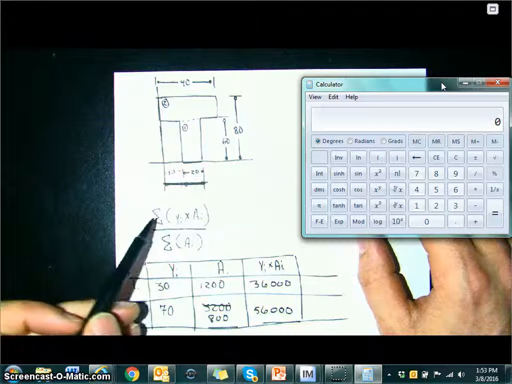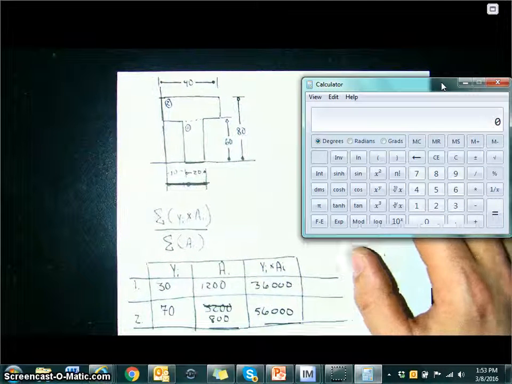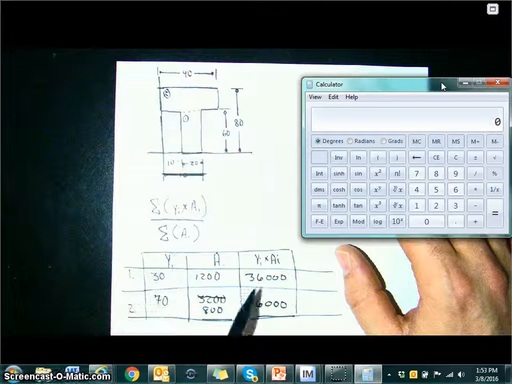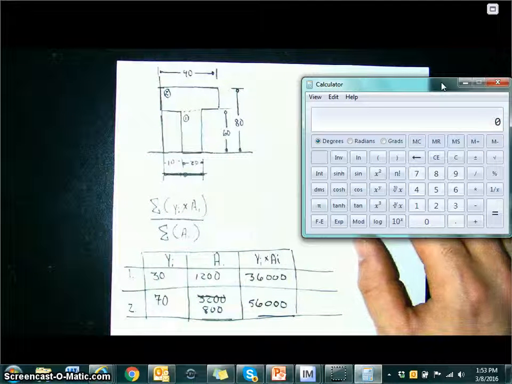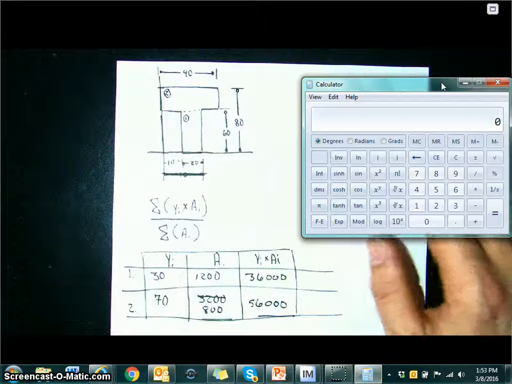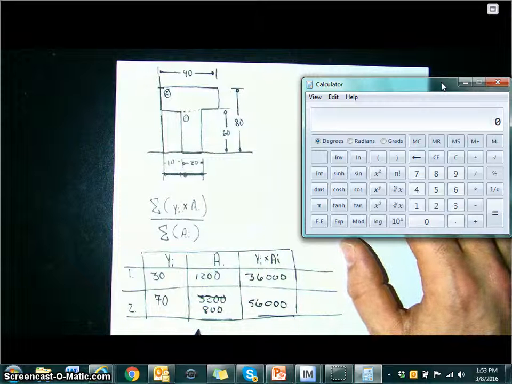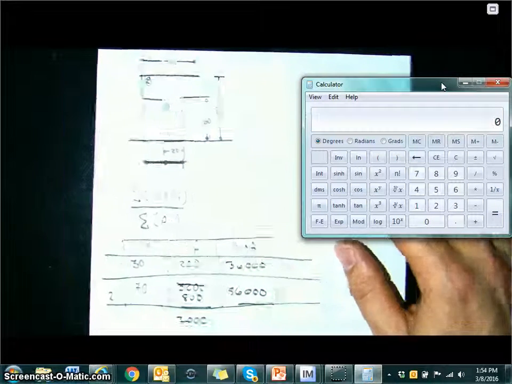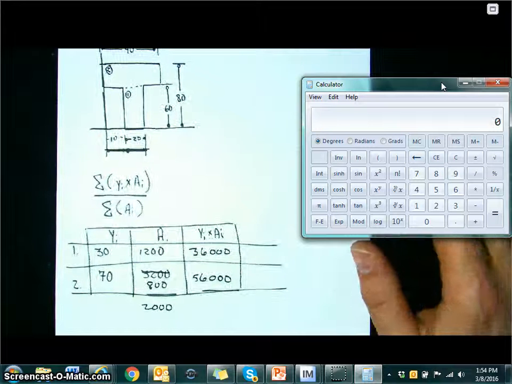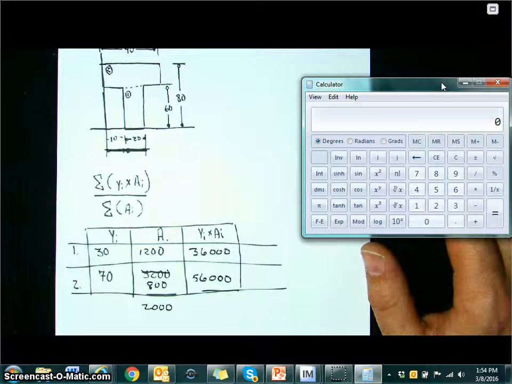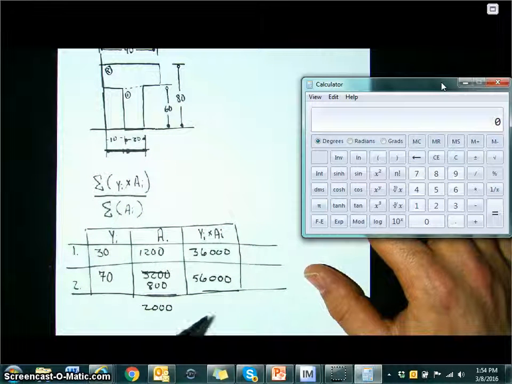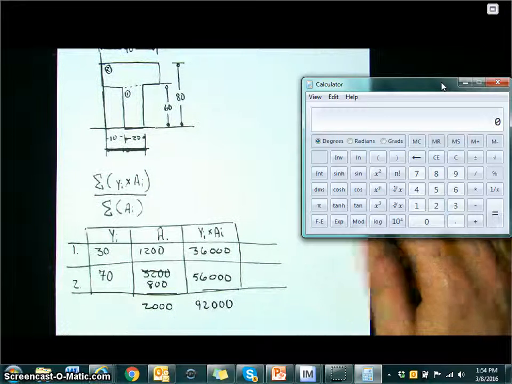But we didn't do the sum part yet. Okay. So we need to take the sum of the areas, and we need to find the sum of our yiais. Okay. So I can take 1200, 800, add that together, and I get 2000. I can take my 3600 and my 5600, and I get 92,000.